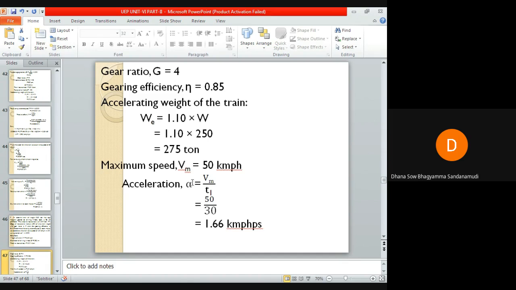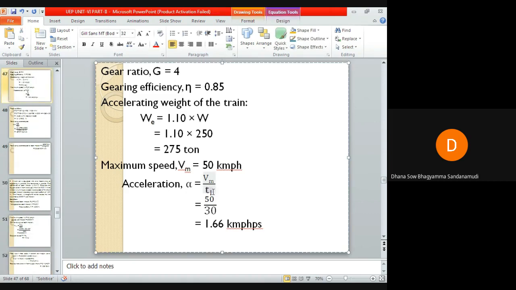So alpha is equal to Vm by T. Even if you don't write T1, it doesn't matter, because we don't have T2 and T3 here. If no other time period is there, simply writing T is more than sufficient.